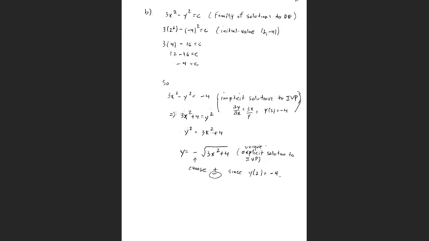On the previous page, when I mentioned the initial value problem, we can write that as y times dy dx equals 3x. Although it is correct in this case, the way I wrote it as well. But we can do that.